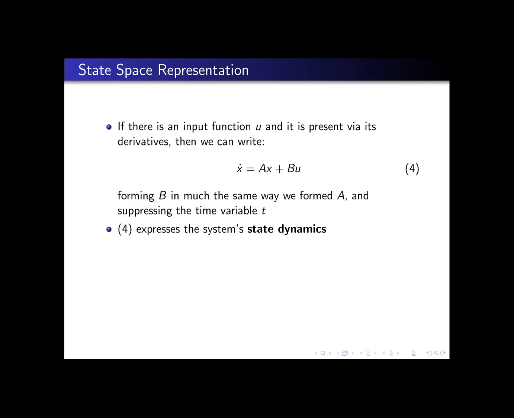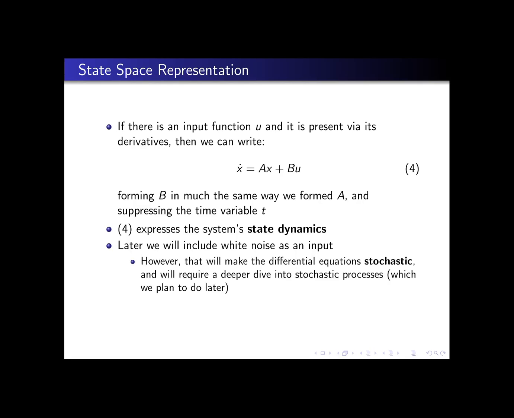All right, equation 4 expresses the system's state dynamics, how the state changes with time. Later, we're going to include white noise as an input, separate from the deterministic control input. But that's going to require that we take a look at stochastic differential equations. So we need to first get into stochastic processes, and then we'll look at stochastic differential equations.